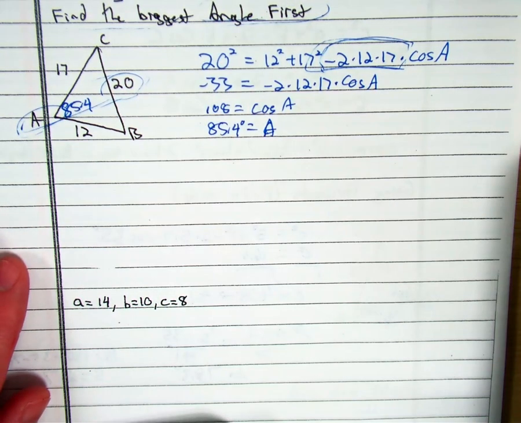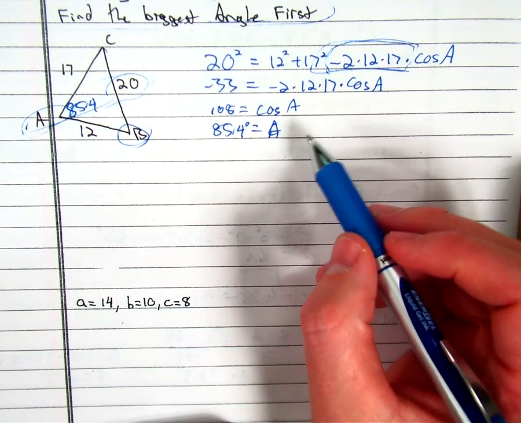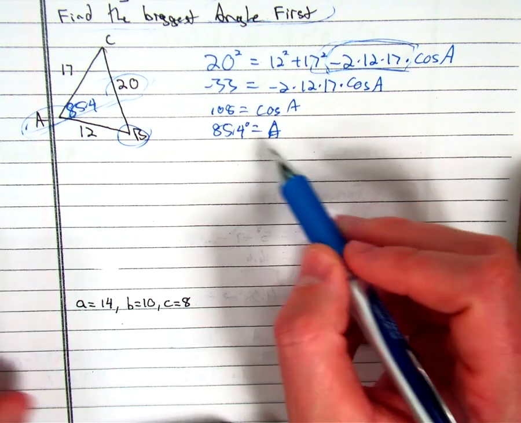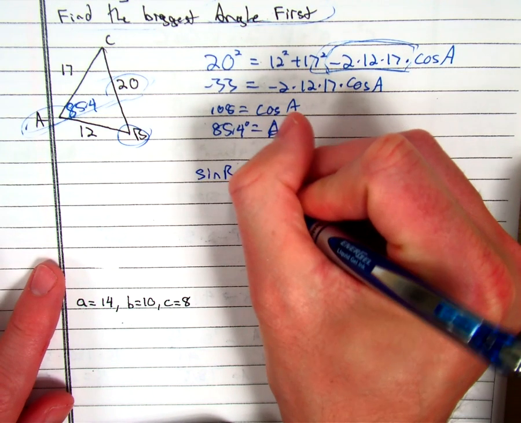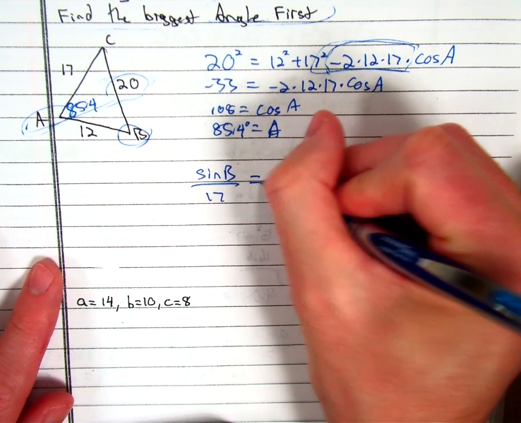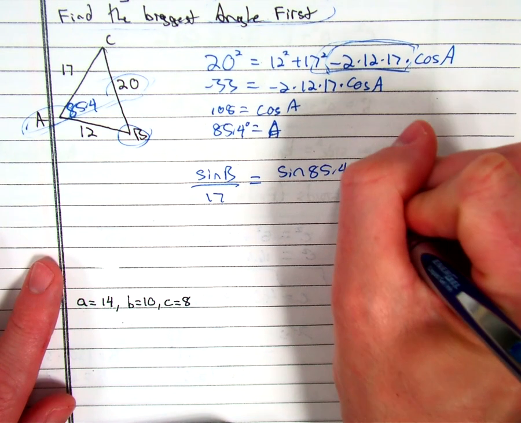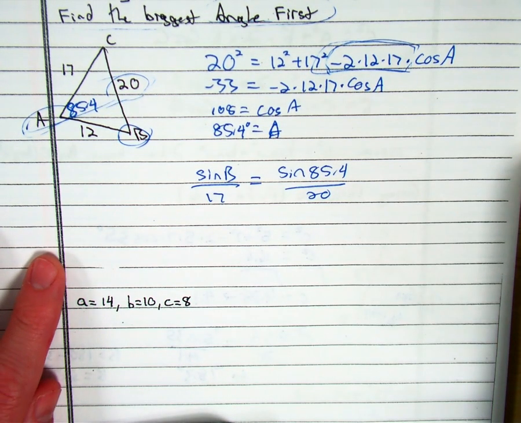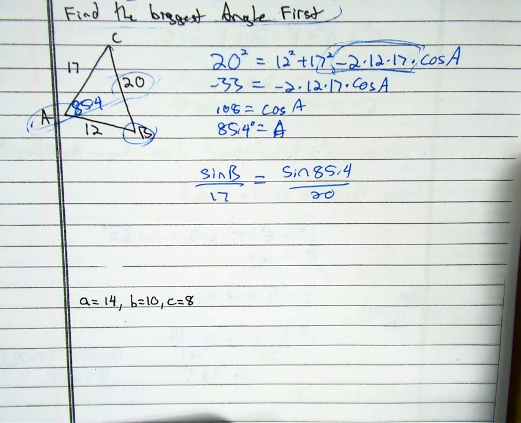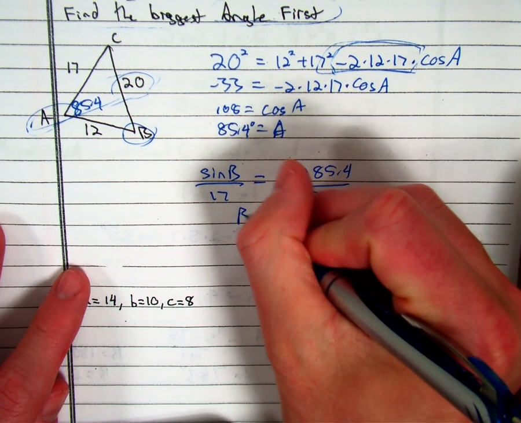Okay, keep going in reverse order, biggest to smallest. So we're going to get angle B next. Again, you do law of cosines once, and then you can switch to law of sines. So sine of B over 17 equals sine of 85.4 over 20. We're going to multiply by 17 and do the sine inverse.